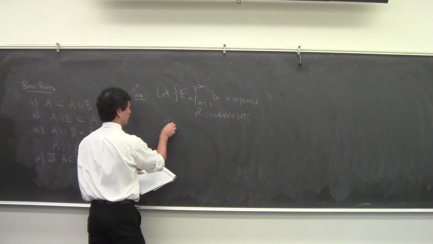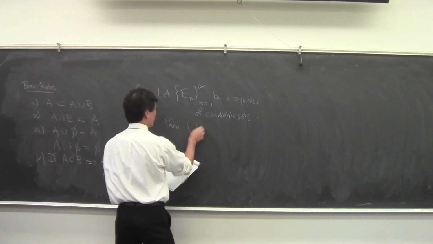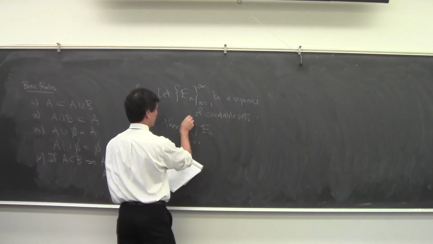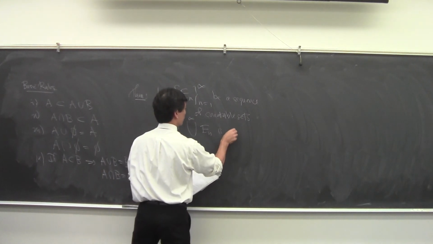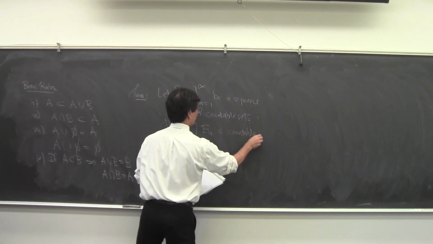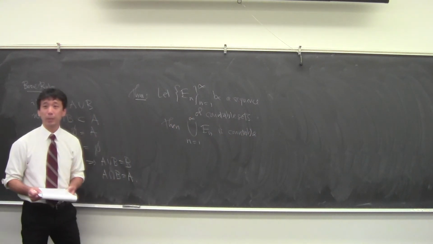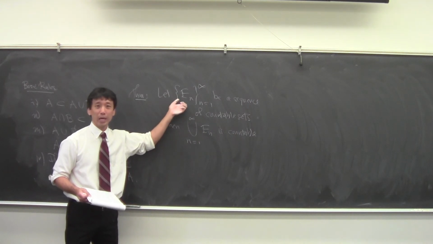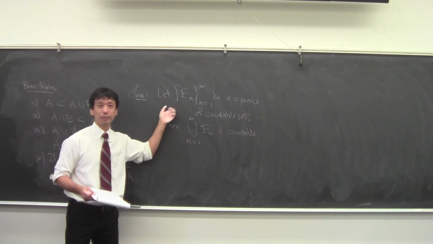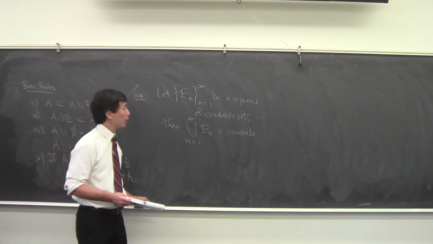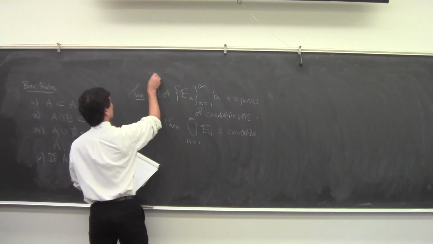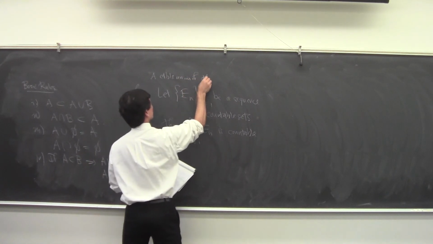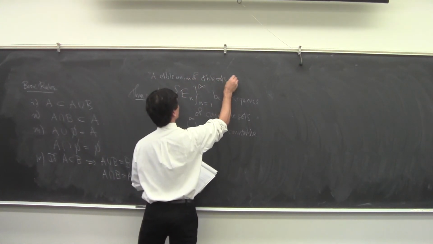Then the union of all those sets, n from 1 to infinity, is also countable. Then the union is going to be countable. Okay, so a countable union of countable sets is countable. In English, a countable union of countable sets is countable.